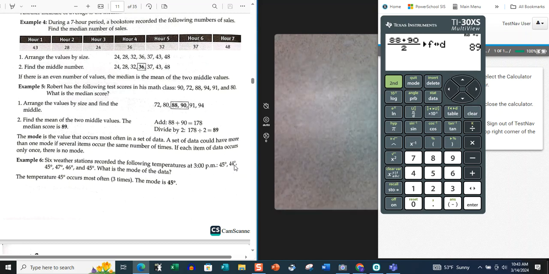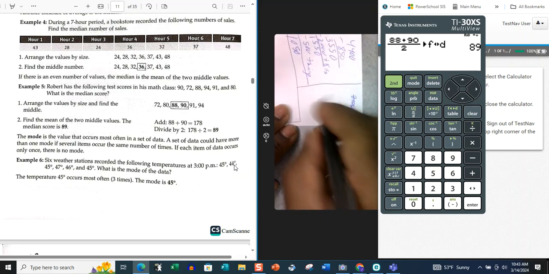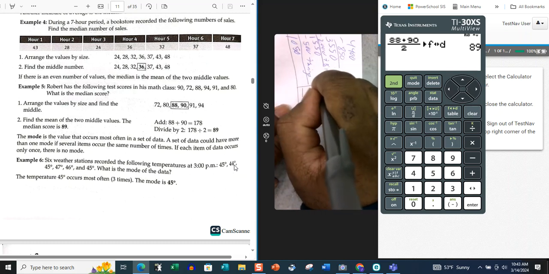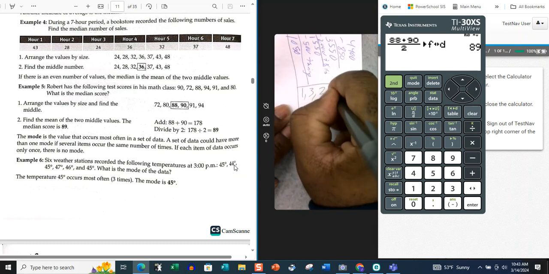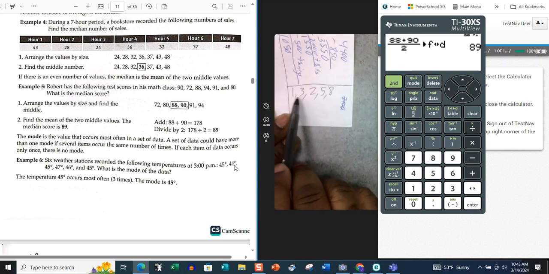But let's say that all of the numbers only appear one time. Now, again, what I'm about to show you only applies when all of your numbers only appear one time. So let's say we have 1, 3, 2, 5, 8. All of these numbers only appear one time.